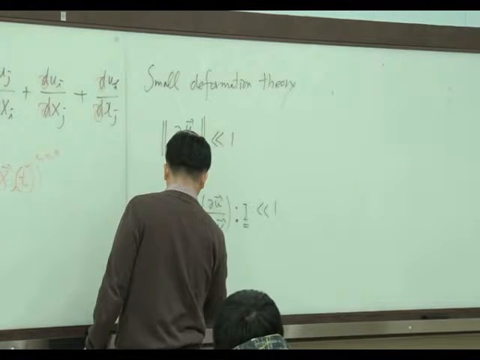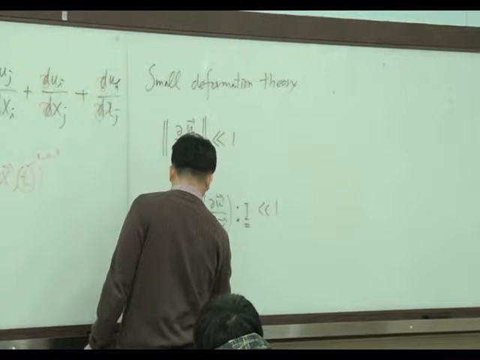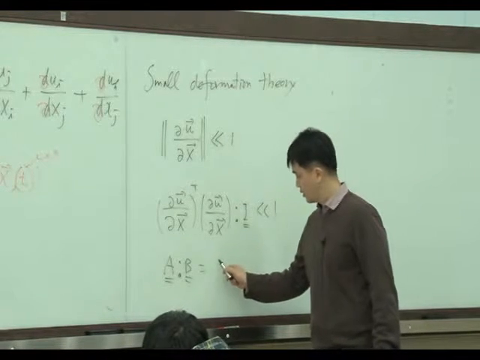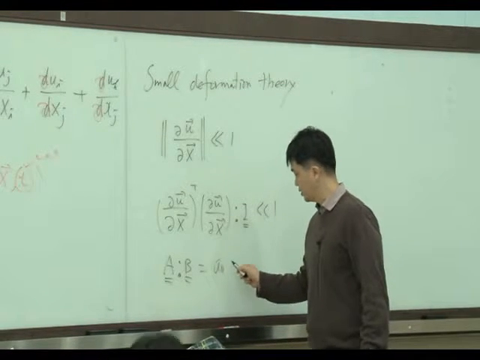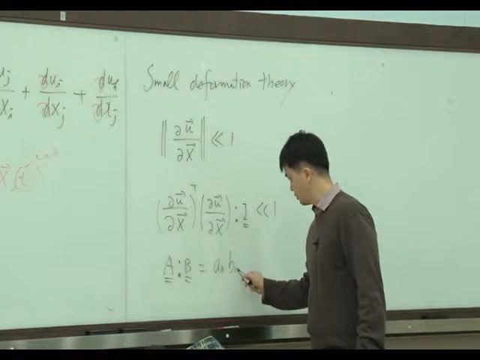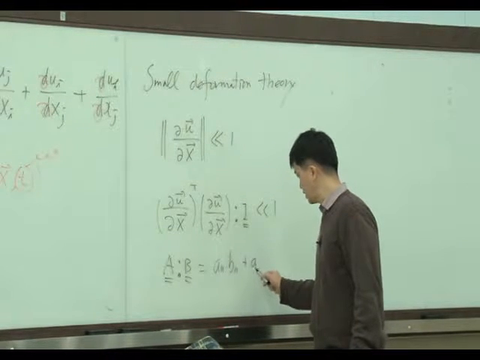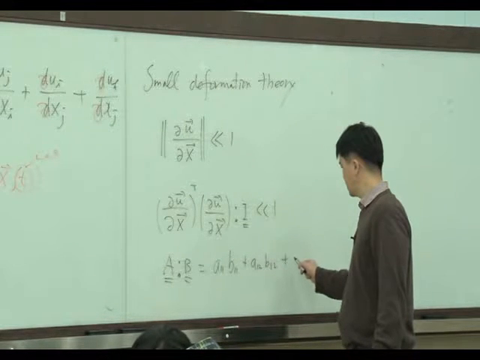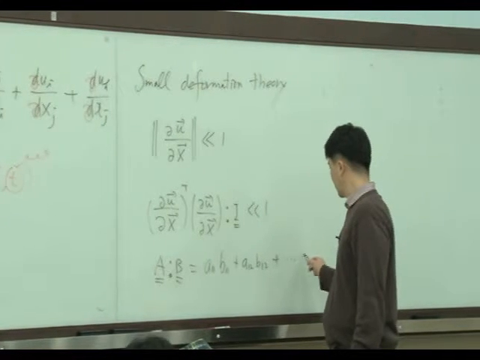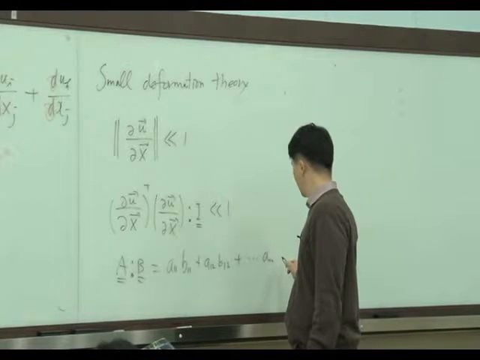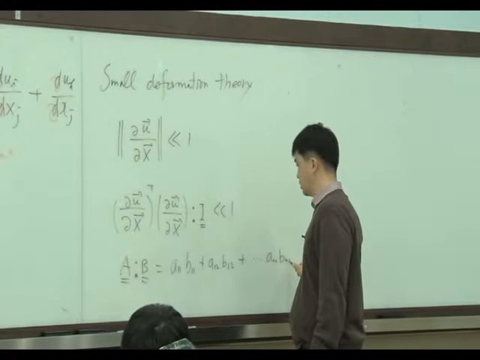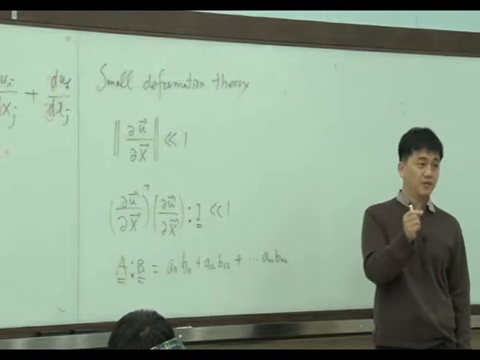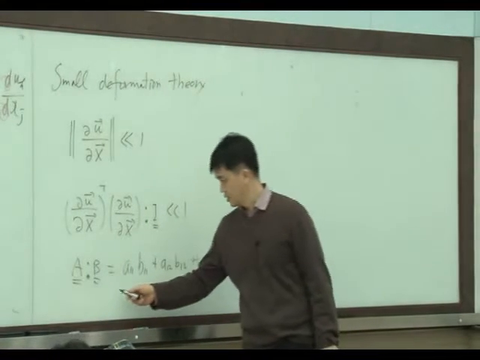A : B equals A11 B11 plus A12 B12 plus something like that, up to AnN BnN. We multiply each corresponding component and sum together.